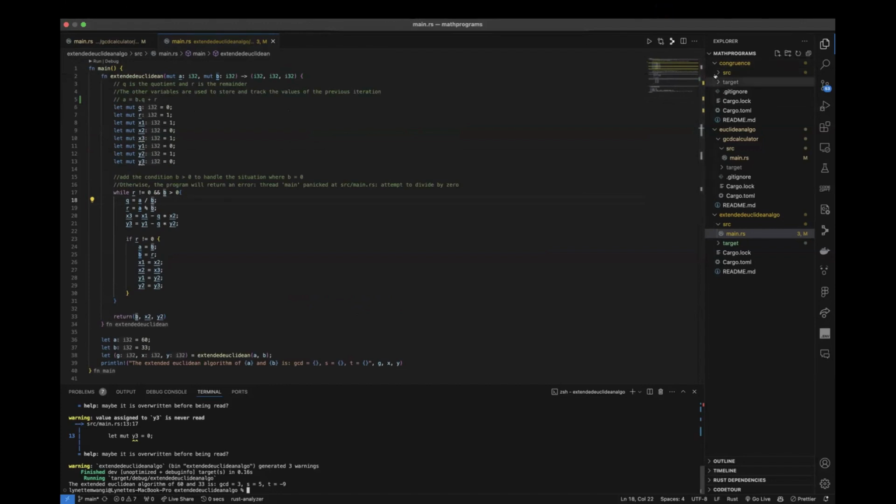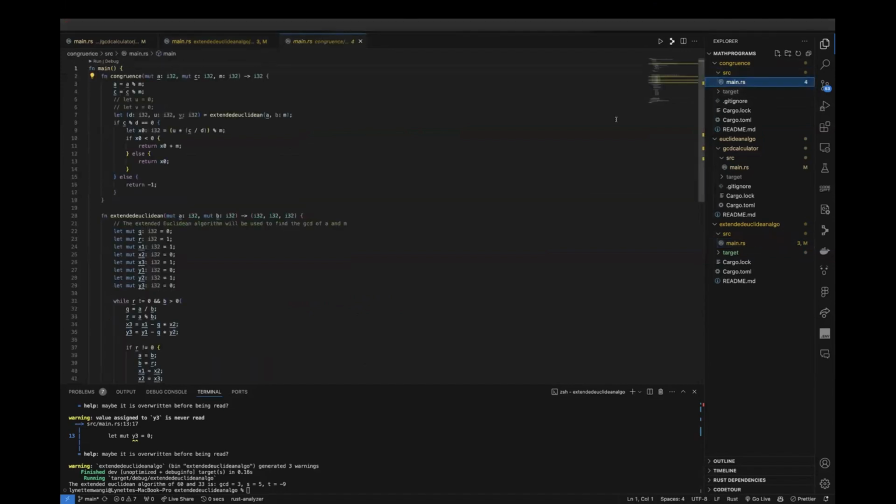Okay, so I think I'll finish with the code for congruence.